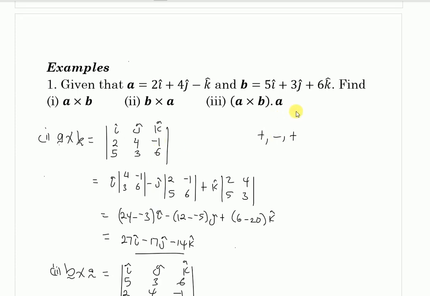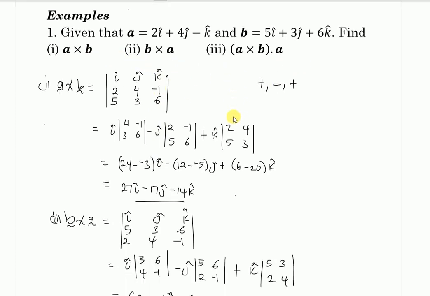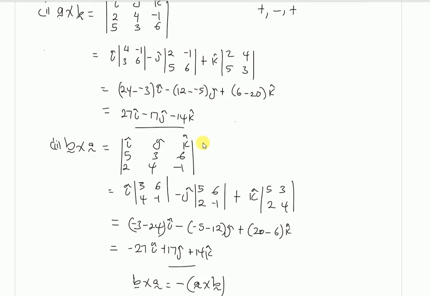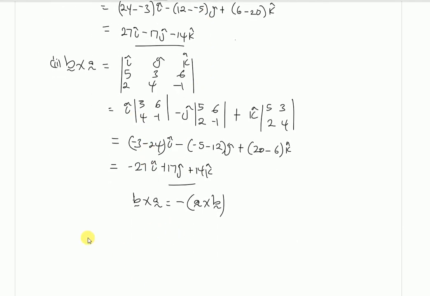The other one is A cross B dotted with A. Now A cross B is there.